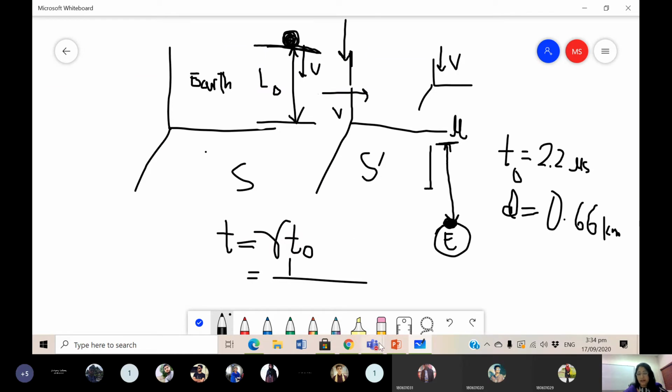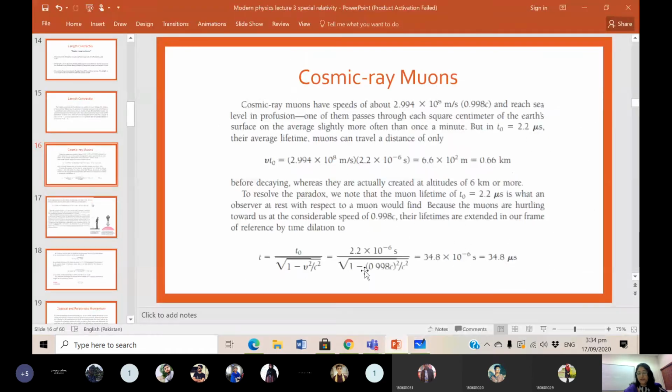So the time is going to be affected as well. According to the observer's frame of reference, if we put in the particle's velocity, which is the frame we're talking about, then we get a time dilation effect. It becomes 34.8 microseconds.